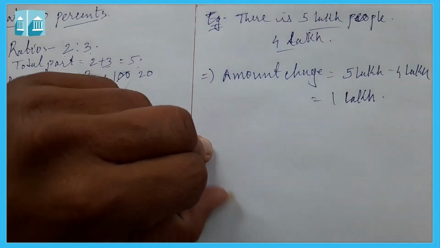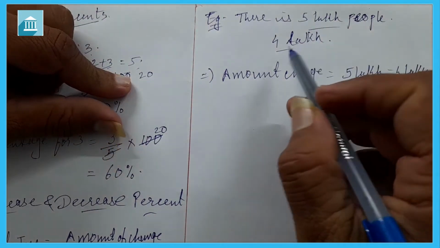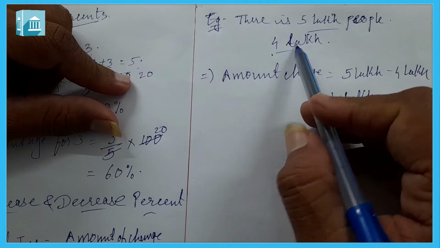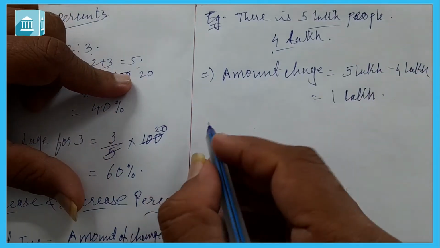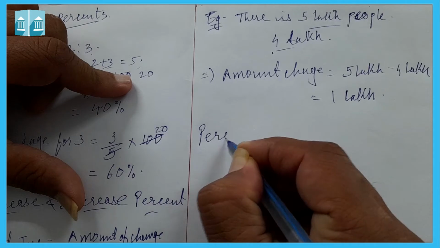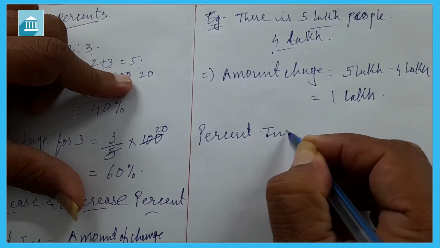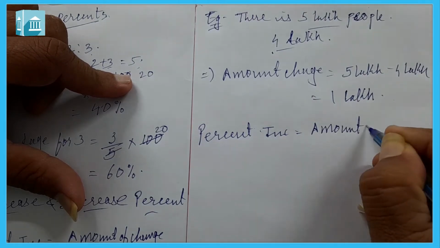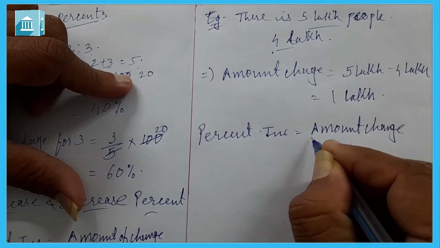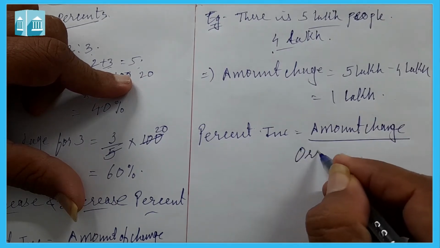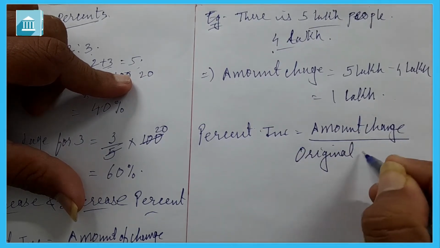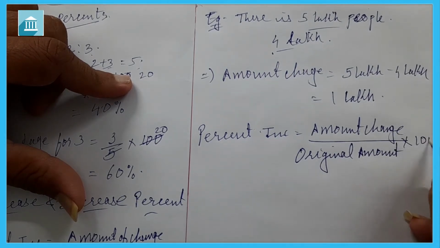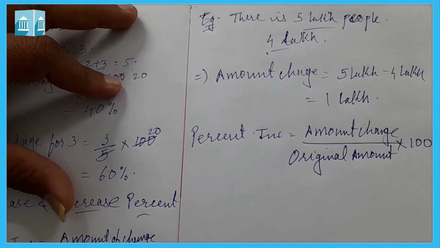Because it increased from 4 lakh to 5 lakh, we find the percentage increase: amount of change upon original amount multiplied by 100.